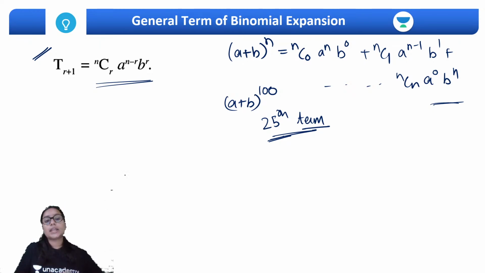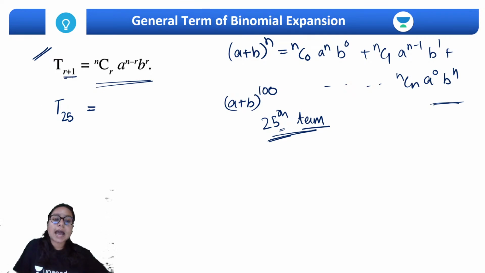Alright, let's see how you can find it. If you have to find the 25th term, the general term here is denoted by Tn, so I am going to take this as T25. Now this is r plus 1 and here I have 25. So what would be the value of r here?